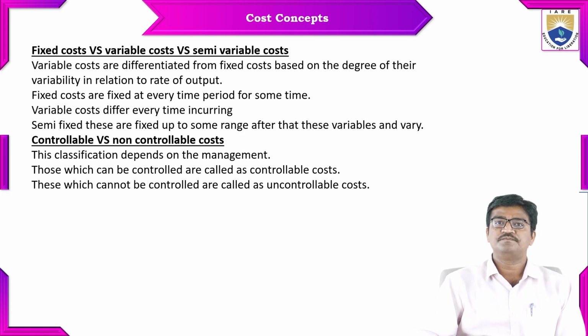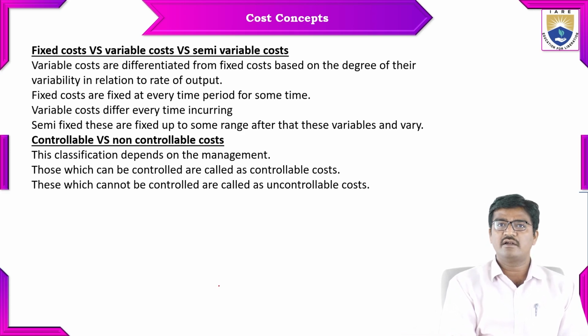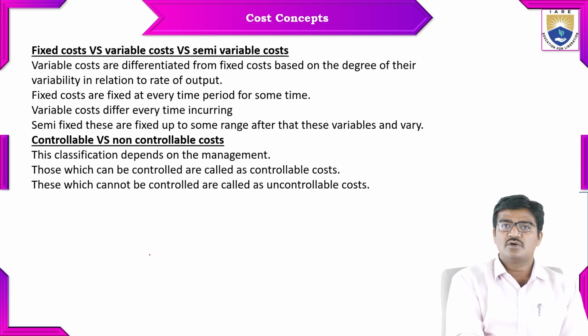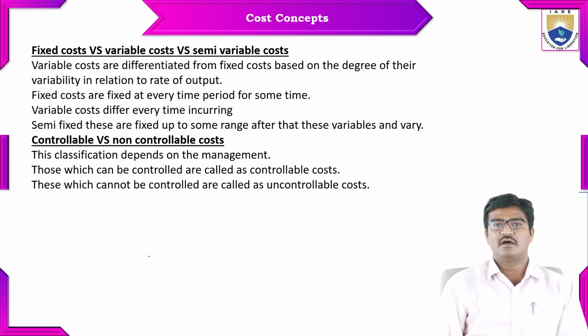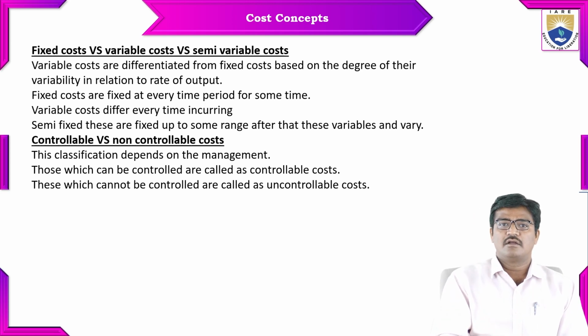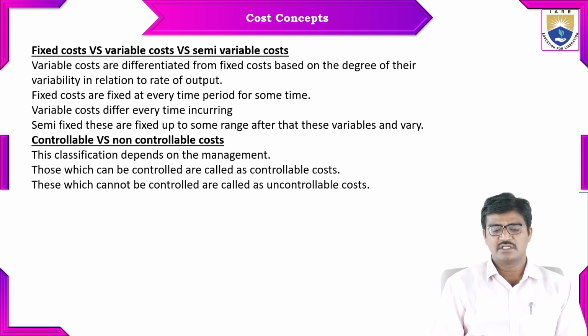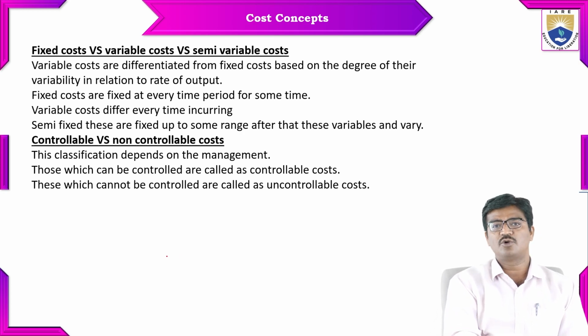For example, you can insure your products. In case of fire accident or any accident, you will get the insured amount. So in this way, you can recover the loss. For example, taking precautions to not get our products stolen is our controllable activity.